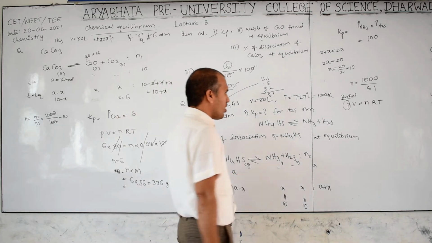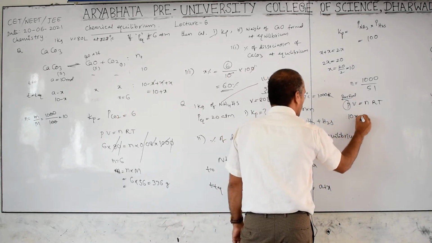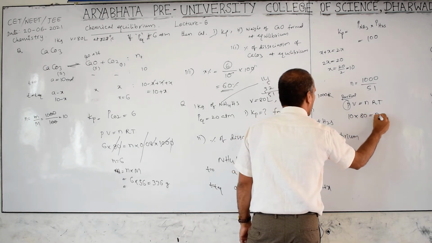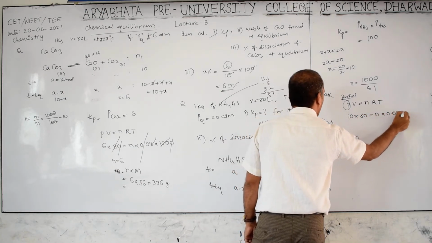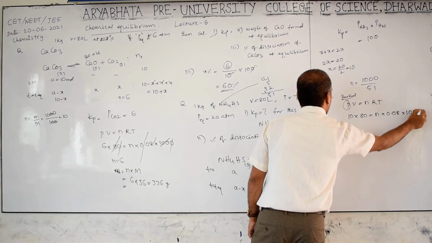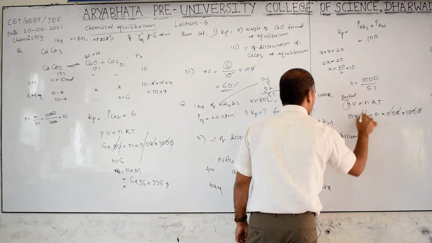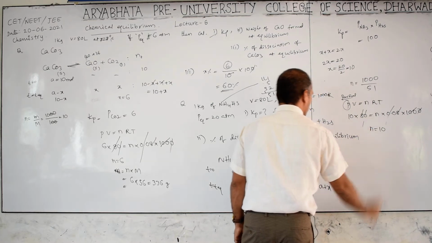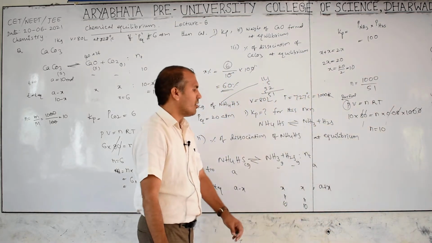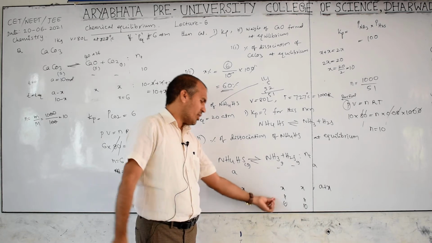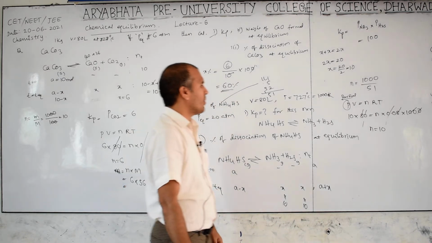How much did we get? 10 into volume 80 is equal to the number of moles. This is 0.08 and this is 1000. Then the zeros cancel, the 20 and 8 cancel, n equals 10. Anyway, I already told you that x is 10, so this is also 10 only.